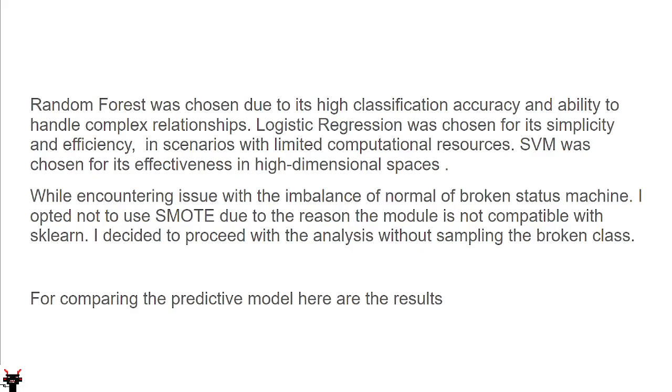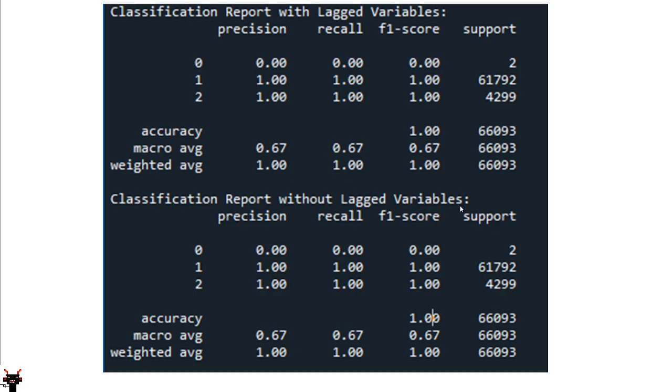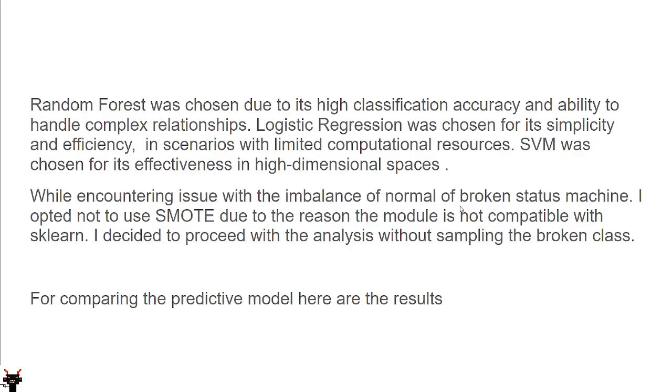I encountered a couple of issues: broken status had way too little data, so it was kind of hard to train the model for broken status. I tried using SMOTE, but the module wasn't compatible with scikit-learn, so I decided just not to use SMOTE and really predict for normal and recovering data.